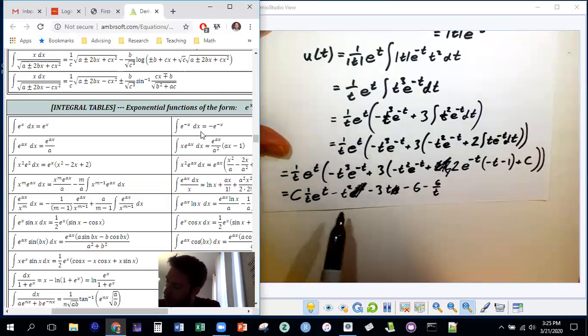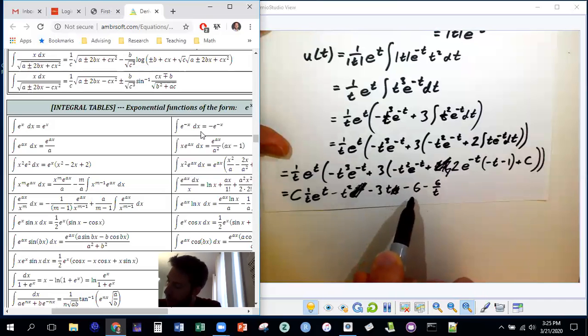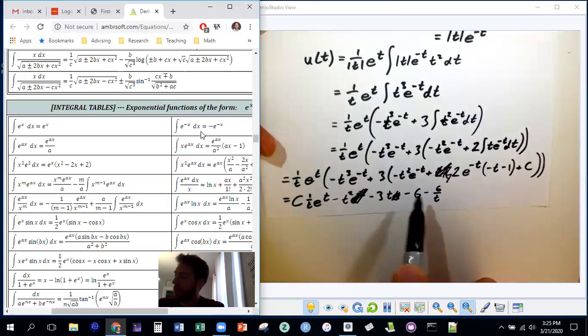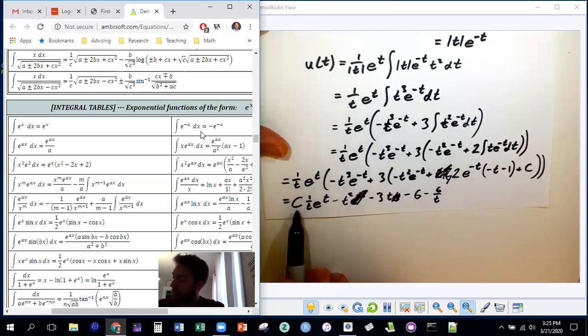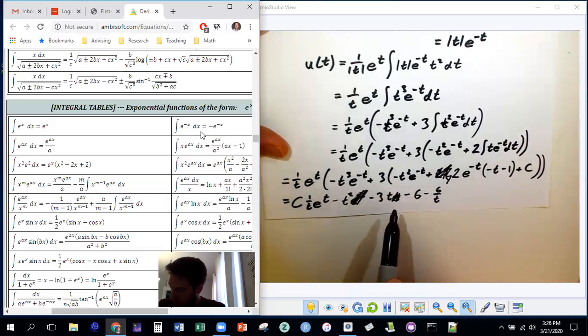So then U of 1 is e to the 1 minus 1 minus 3 is 4, minus 4, minus 6 is 10, minus 6 over 1, so minus 16. And so C times e to the 1 minus 16 is 0.